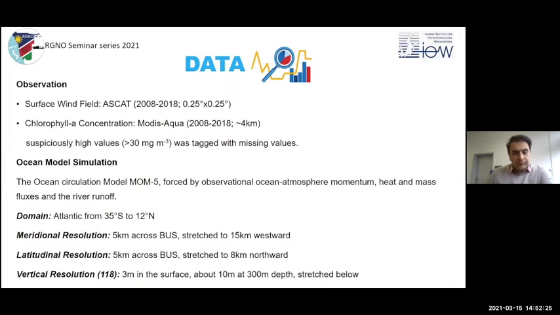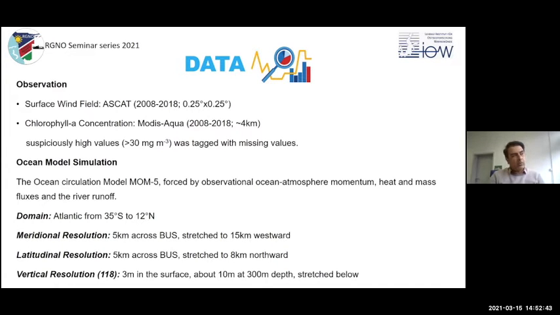To do so, we use different observational data sets. We use the ISCAT data set as we discussed at the beginning of this presentation.